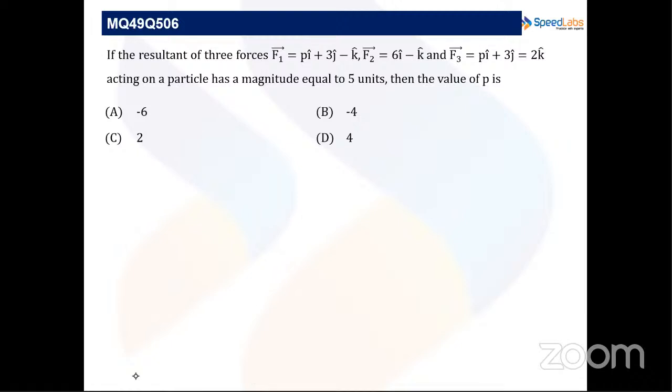It is given that the resultant of the three forces F1, F2, and F3 acting on a particle has a magnitude equal to 5 units. Then the value of P is. It is a very simple question.